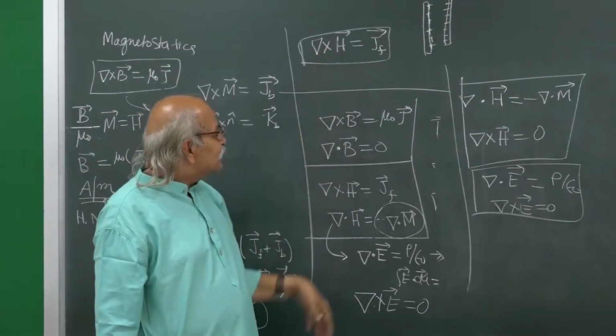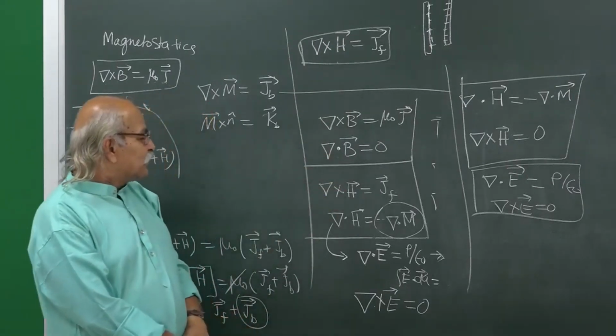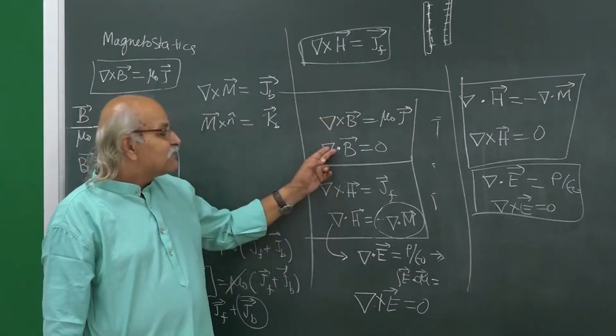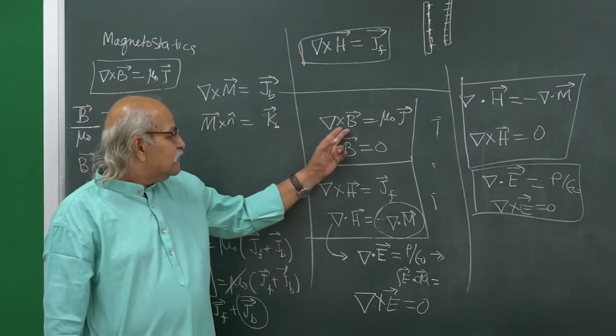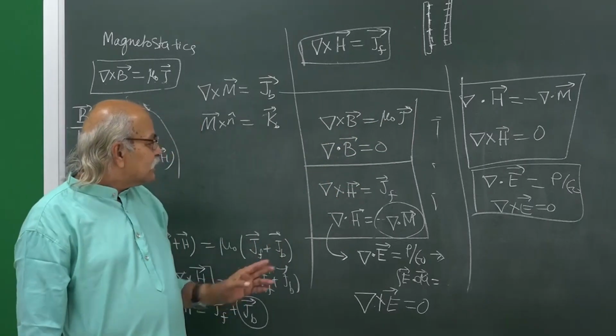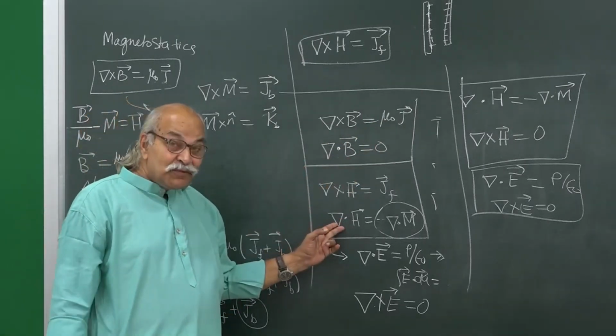And then we went to the divergence part, and we found that although the curl equation is similar, the divergence equation is different. Curl of B is mu naught J, curl of H is J_F, that is fine, but divergence of B is 0. Here divergence of H need not be 0.